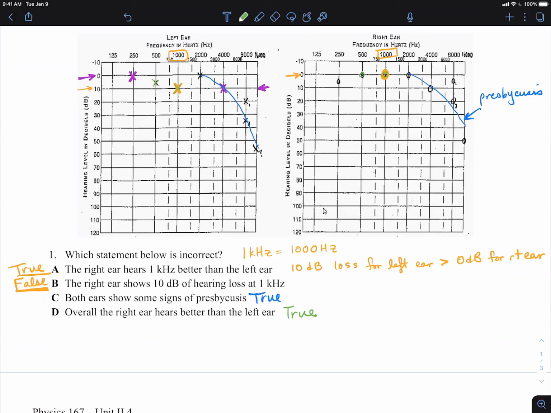Okay, so the bigger the number here, that is equal to more loss. Okay, and this 0 line here is what we call normal threshold.